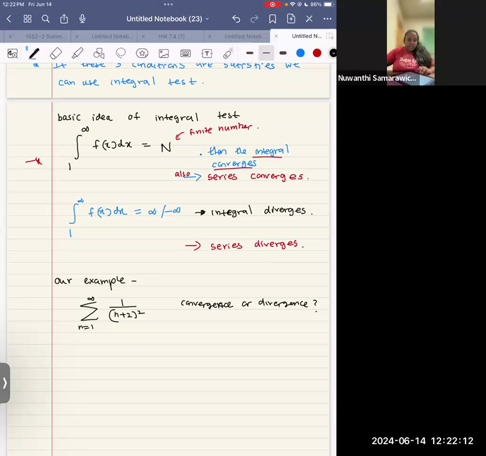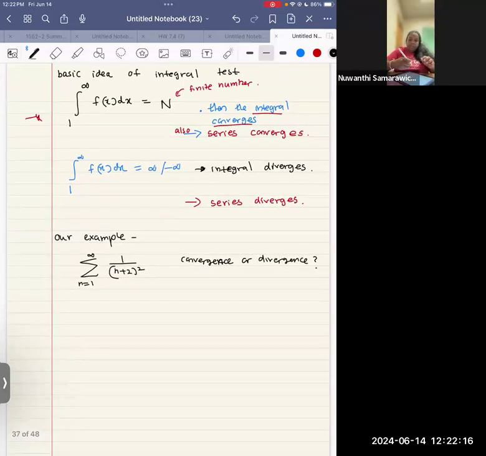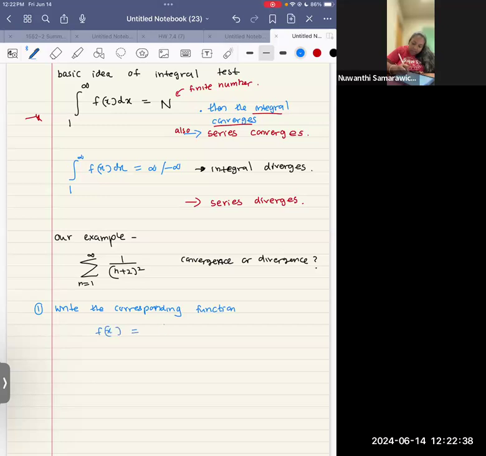The first step, whenever you have a question like this, is to write the corresponding function, f(x). So your corresponding function is 1 over (x plus 2) squared.